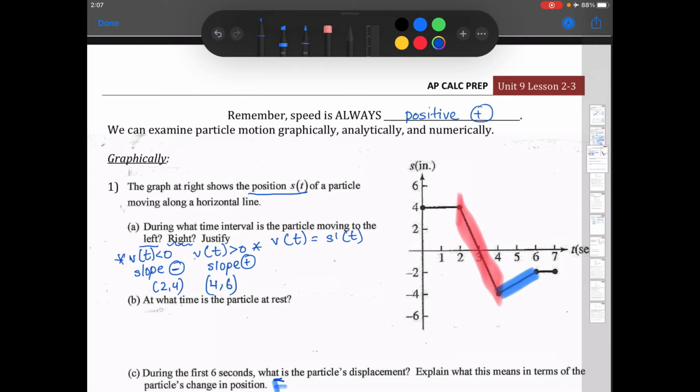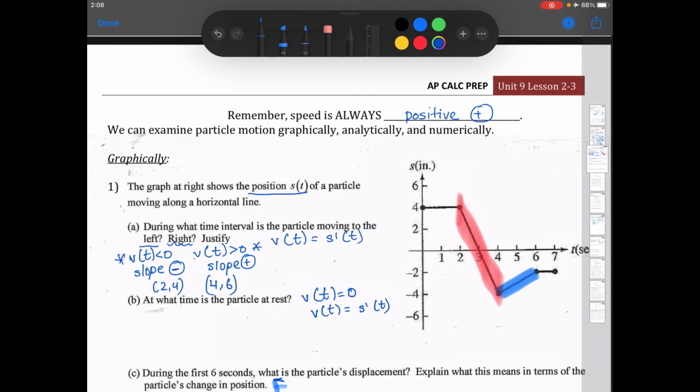Simultaneously. Now B is asking us, at what time is the particle at rest? So rest means what? Your velocity is equal to 0, right? Your v of t equal to 0. And remember, your velocity is the derivative of your position.